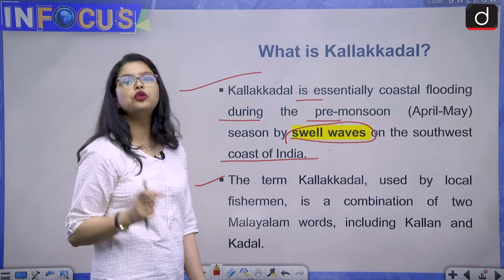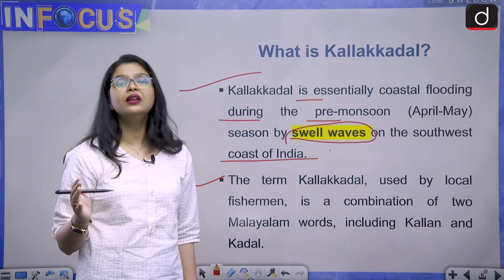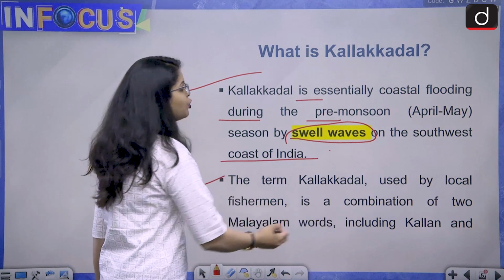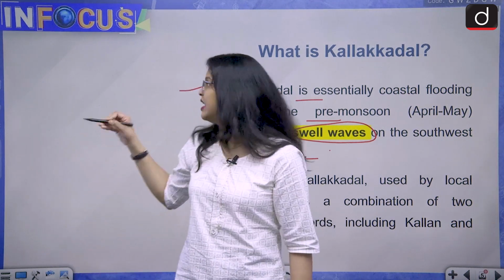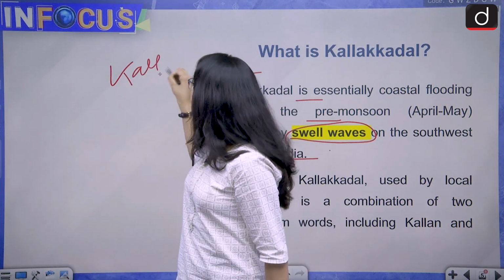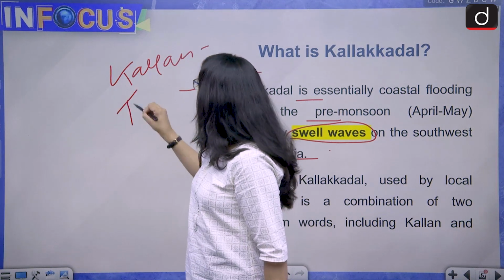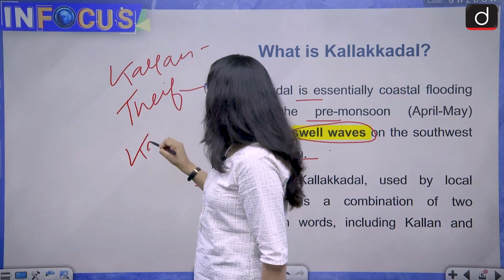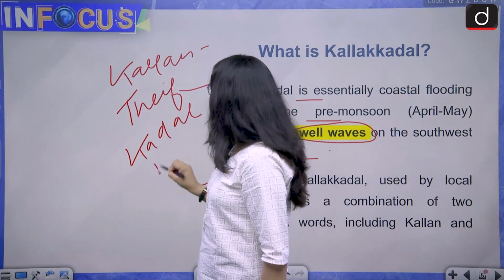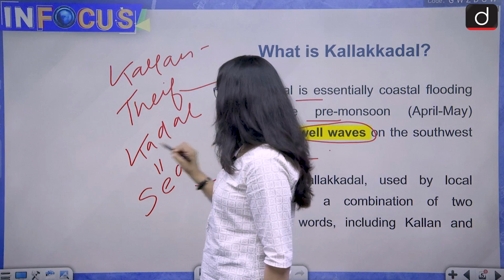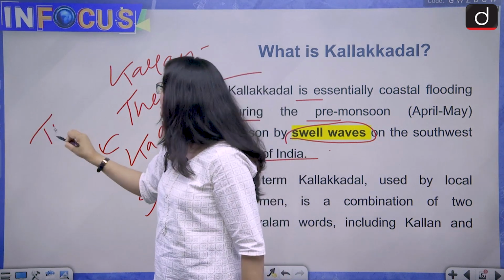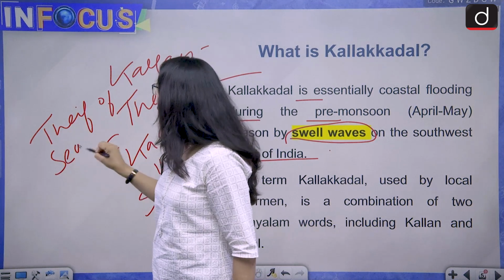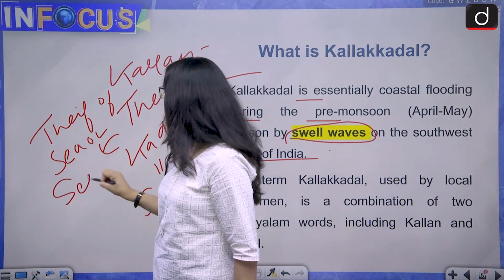If you talk about this Malayalam term Kallakkadal, it is a combination of two words. Kallan means thief, and the second word is Kadal. Kadal means sea. So it is also known as thief of sea or sea thief.